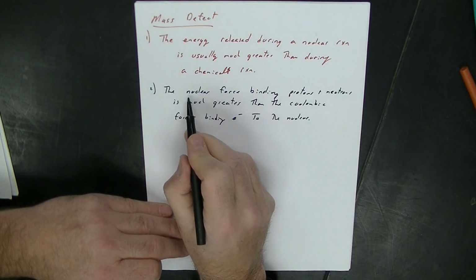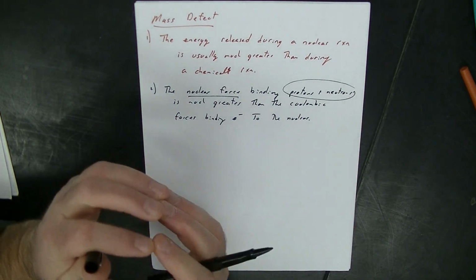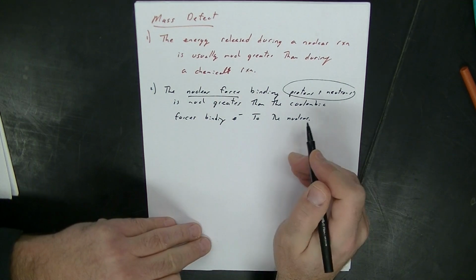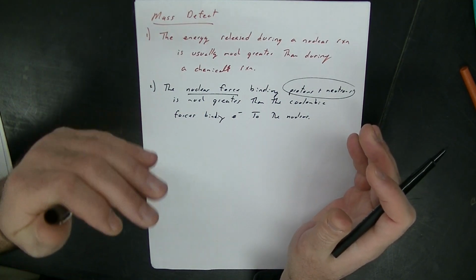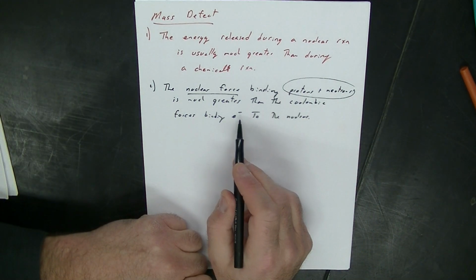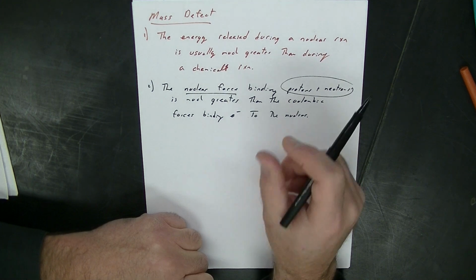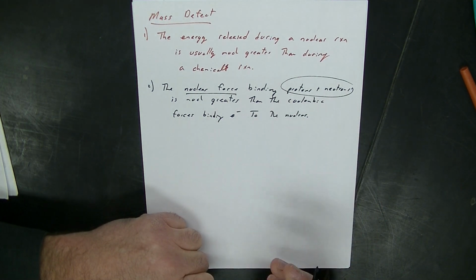We have this nuclear force called the strong force that holds these protons and neutrons together in the nucleus. That force is much stronger than this Coulombic force between the nucleus and the electrons. The nucleus is positively charged, the electrons are negatively charged, so we have that attractive force. That's very weak compared to this nuclear force.